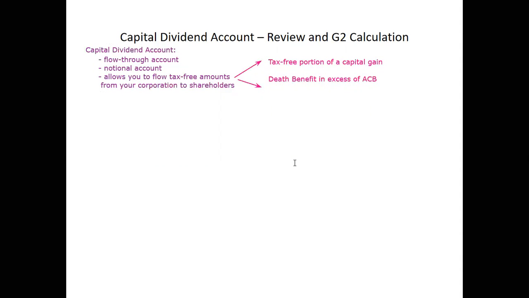Okay, and only life insurance, right? Not critical illness insurance, not disability insurance, not business overhead expense insurance, not accidental death and dismemberment benefits. Only true life insurance contracts generate a CDA credit, okay?